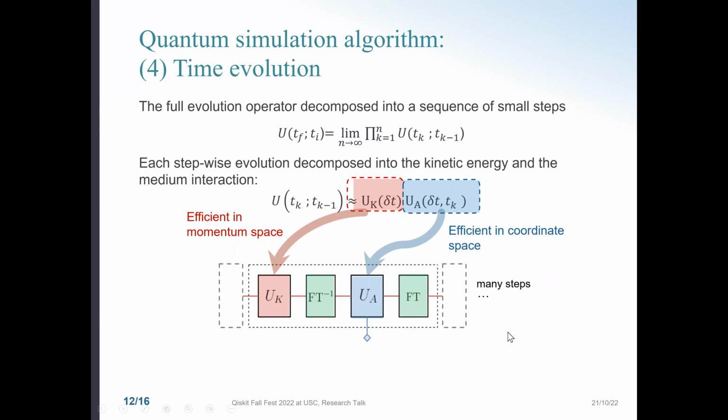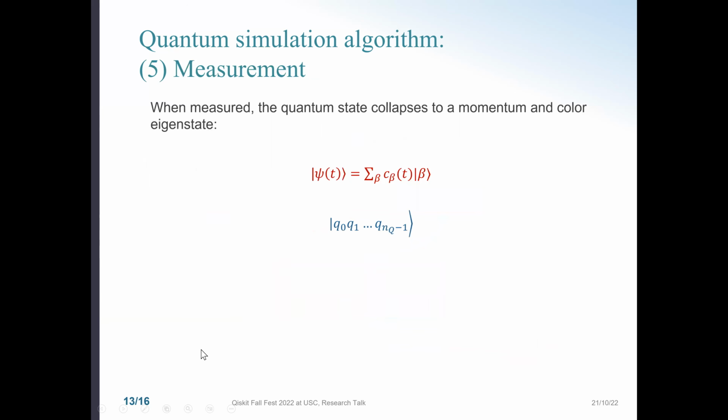To take advantage of both properties, we put in a transformation. Do you know which transformation could let you go between momentum space and coordinate space? Okay, the Fourier transformation, yes. And on the quantum circuit, that's the quantum Fourier transform. It is itself also a research area. So that's the time evolution.